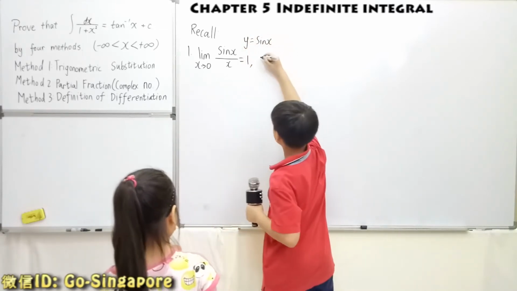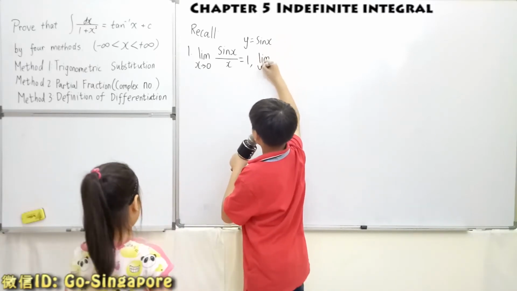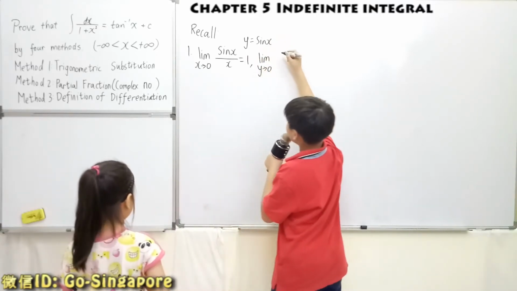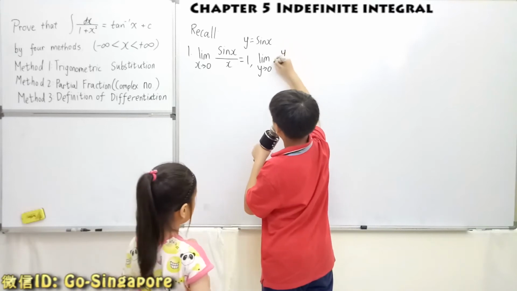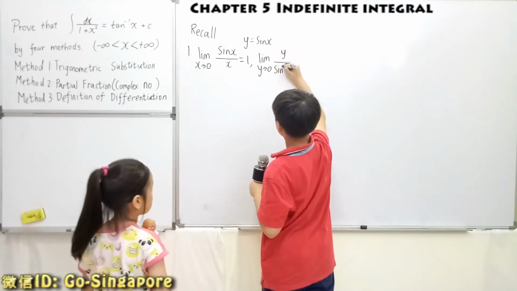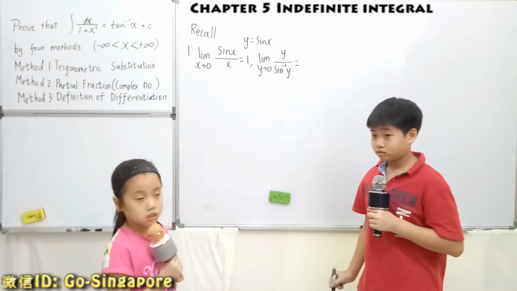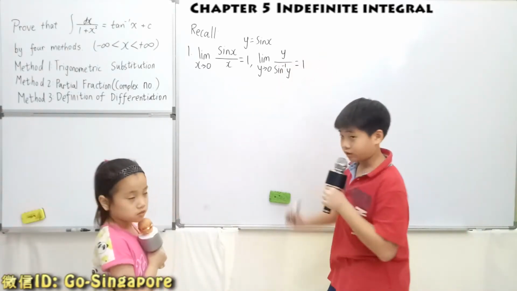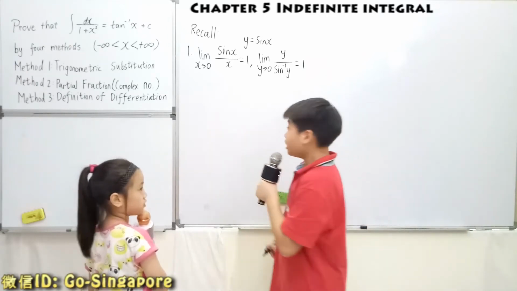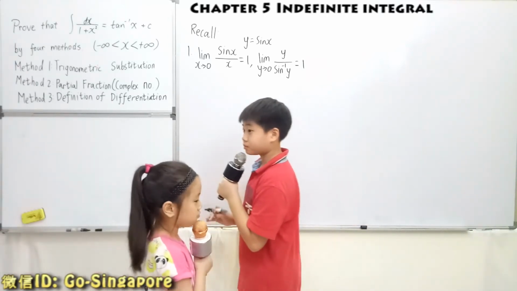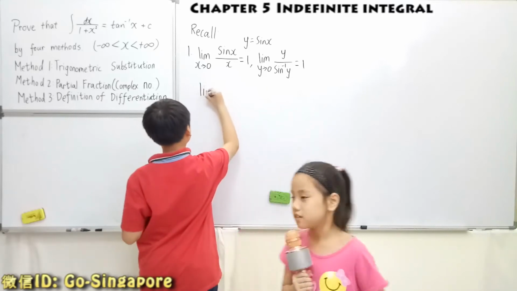So limit y approaches 0, and here y over inverse sine y, which is still a 1. Yes. Okay, so right now, you want to try tangent. Are you up for the challenge? Yep.